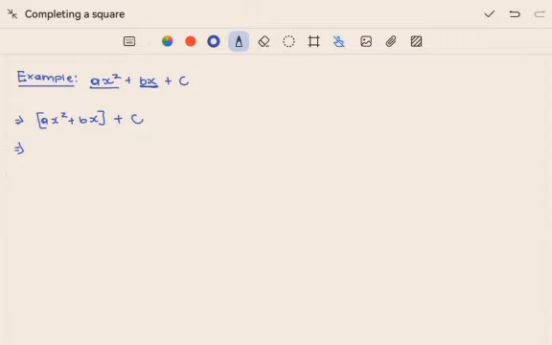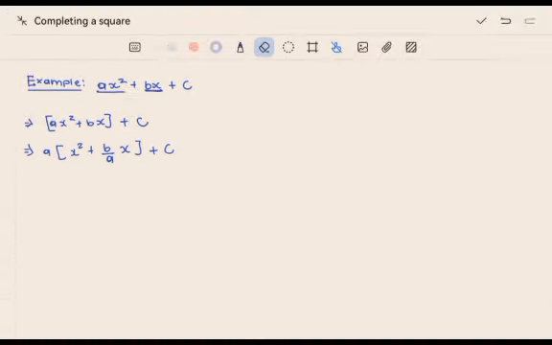Remember, factoring out a only affects whatever is inside your square bracket and not what is outside. By factoring a out, you get a times x squared plus b over a x, and then you still have your constant c outside.